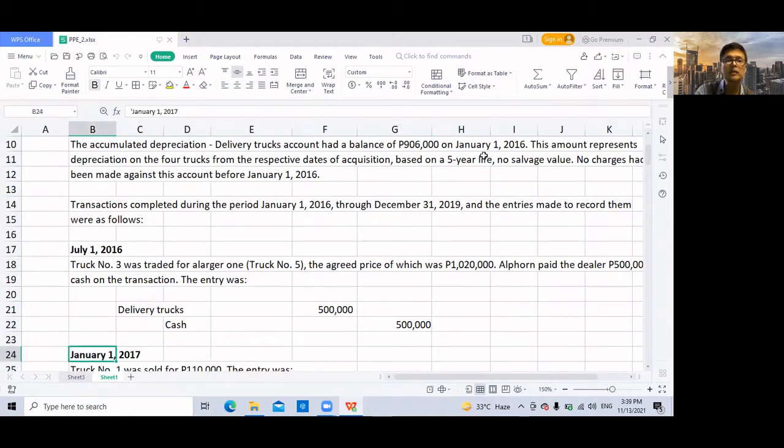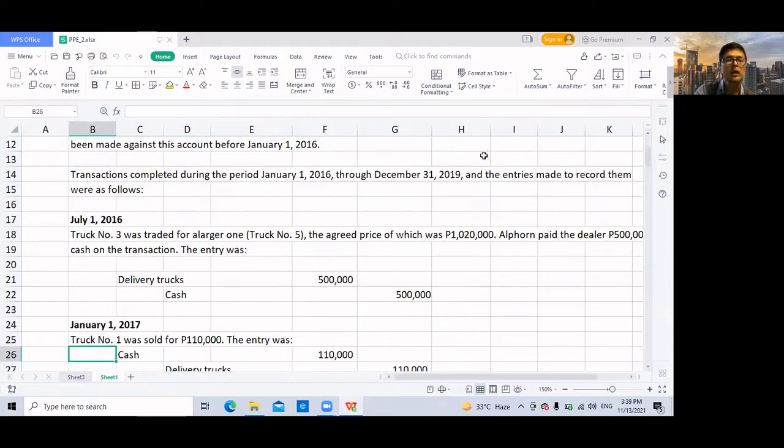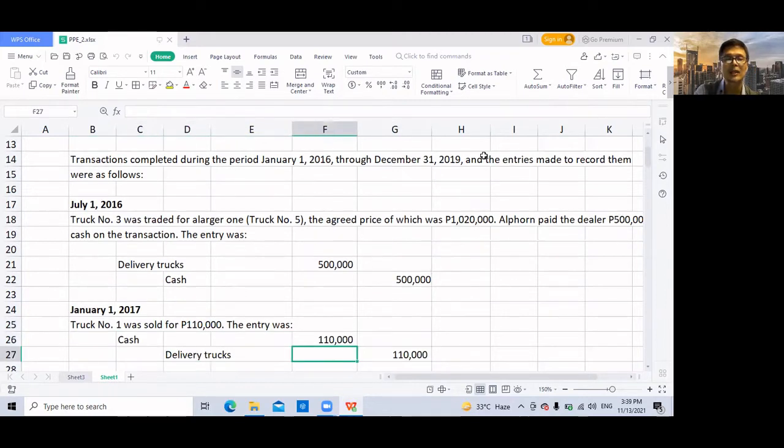Okay, so next is January 1, 2017. Truck number 1 was sold for 110,000, and the entry made was debit cash for 110,000 and credit delivery trucks for 110,000. Okay, so tignan natin. Yung truck number 1 binenta raw.